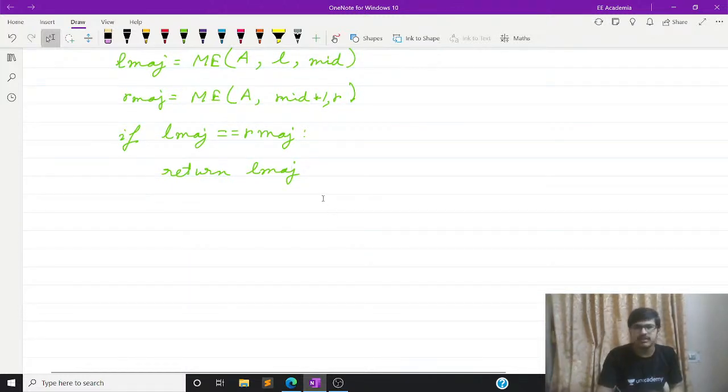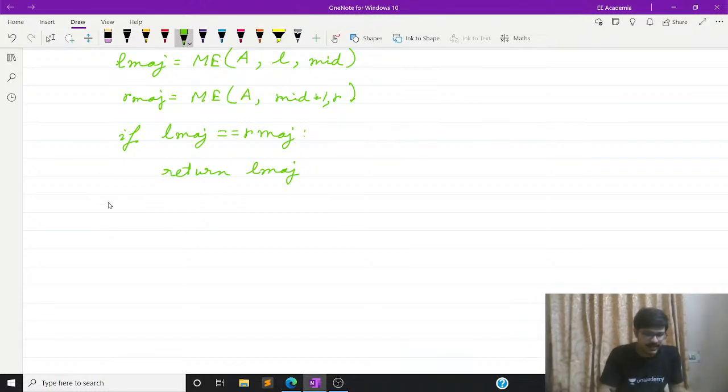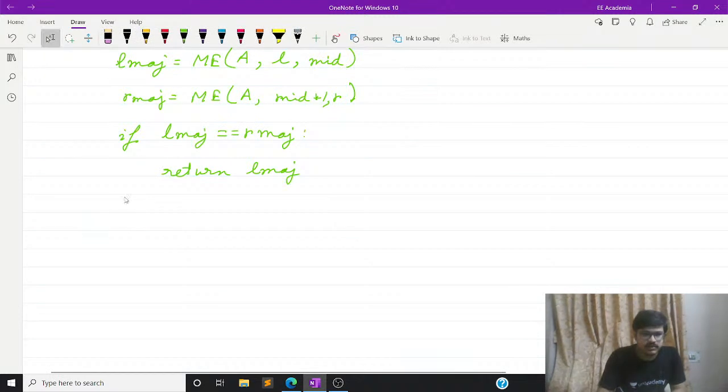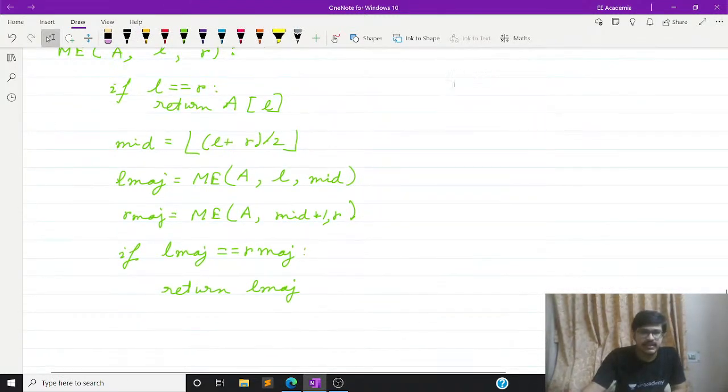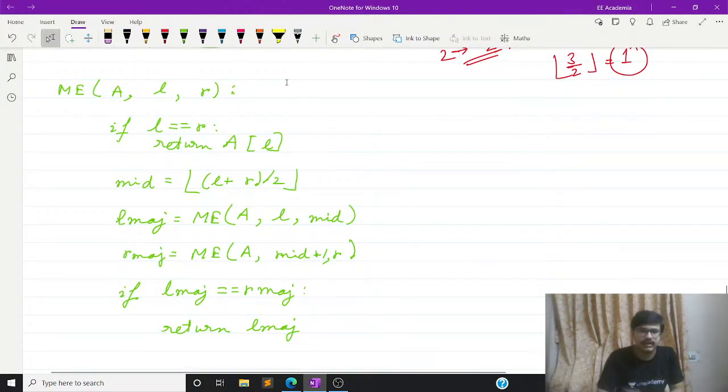Just return either of left or right. Or else I have to do something: I will first find the number of elements in our current subarray.